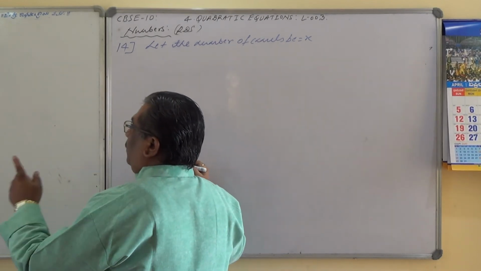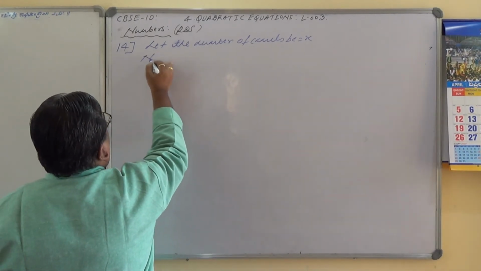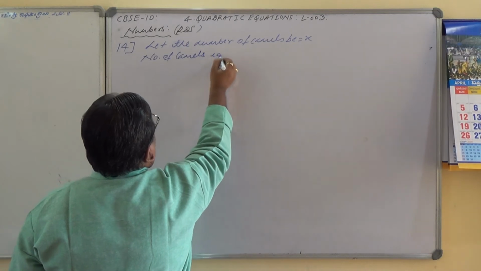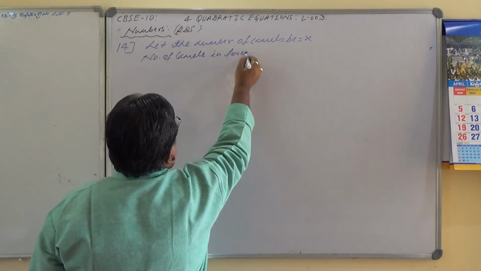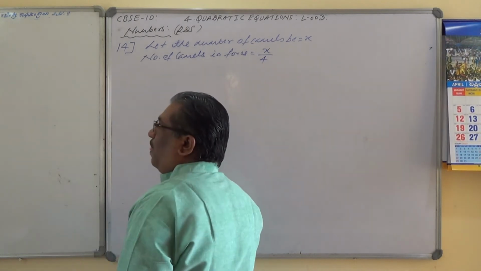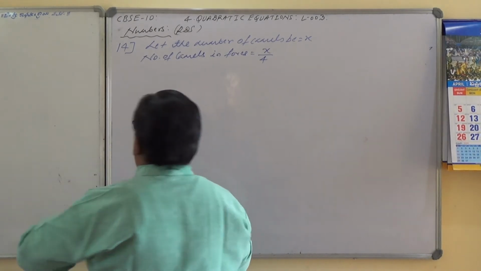He says 1/4 of the herd of the camels was seen in the forest. Number of camels seen in forest is 1/4 of the herd, x by 4. Twice the square root of the herd had gone to the mountains.